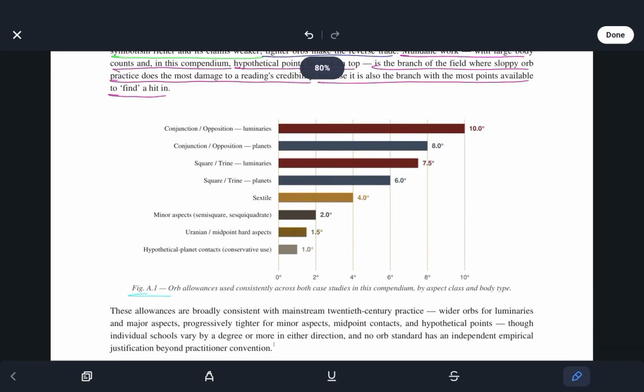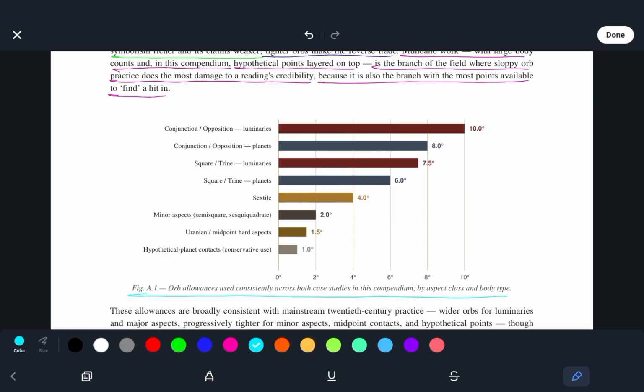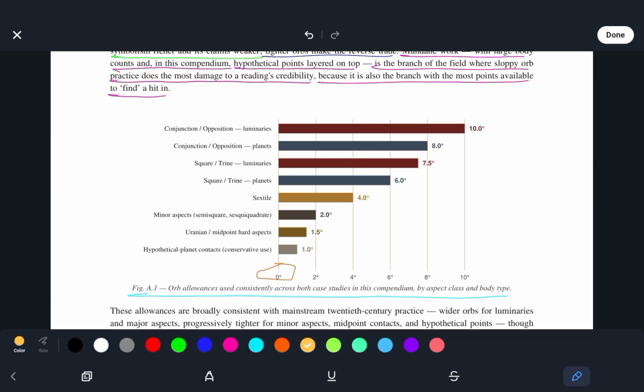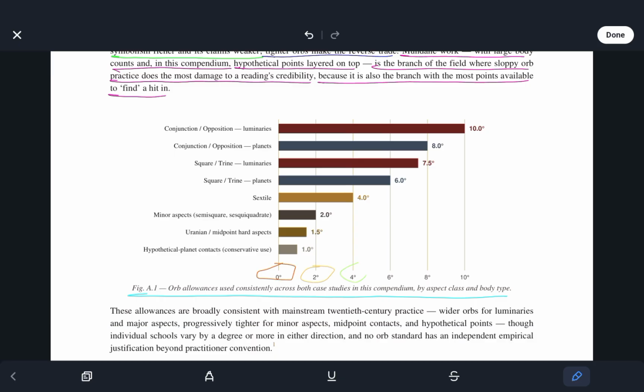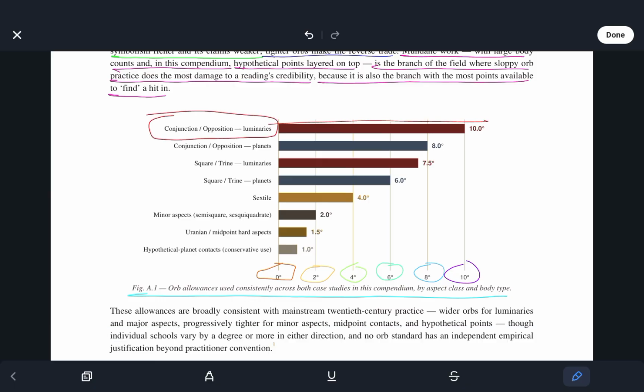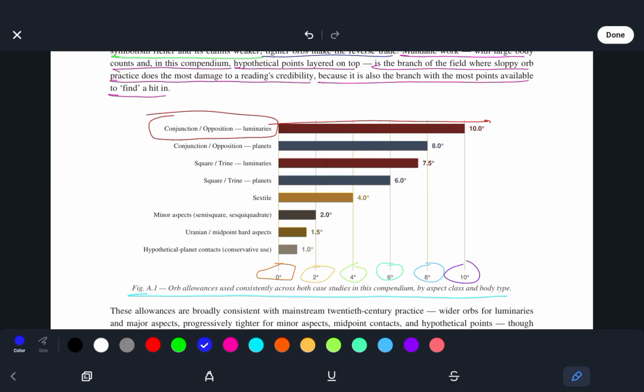Here we see orb allowances used consistently across both case studies in this compendium by aspect class and body type. 0 degrees at the bottom, 2 degrees, 4 degrees, 6 degrees, 8 degrees, all the way to 10. And we see here on top, conjunction, opposition with the luminaries is all the way at 10.0 degrees.